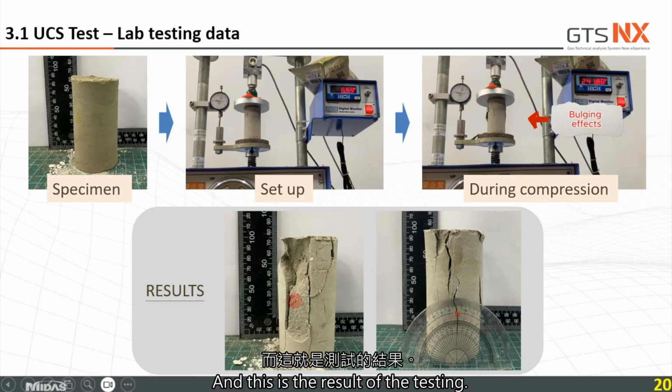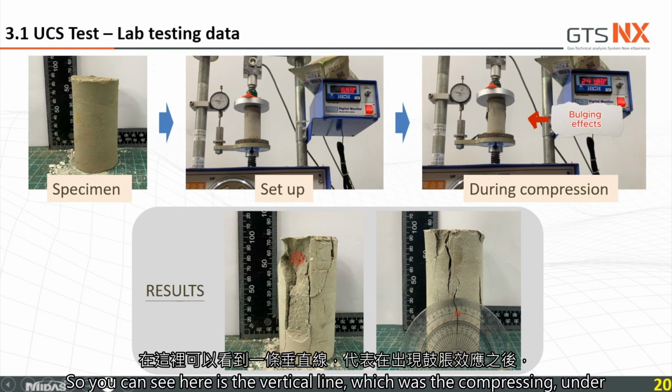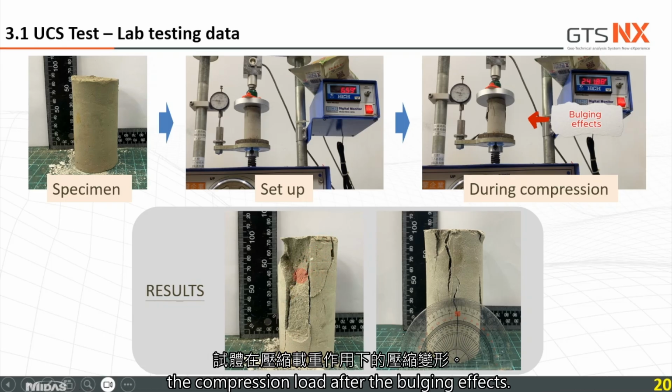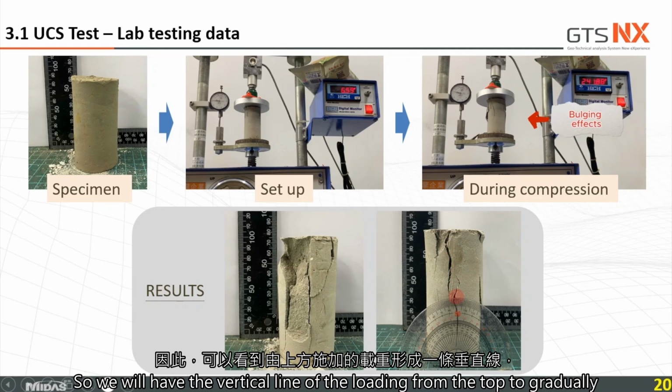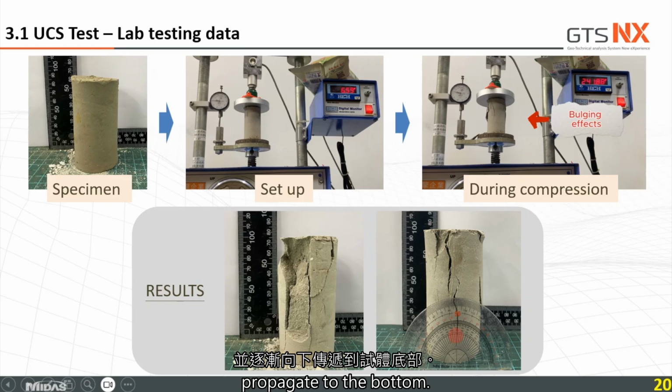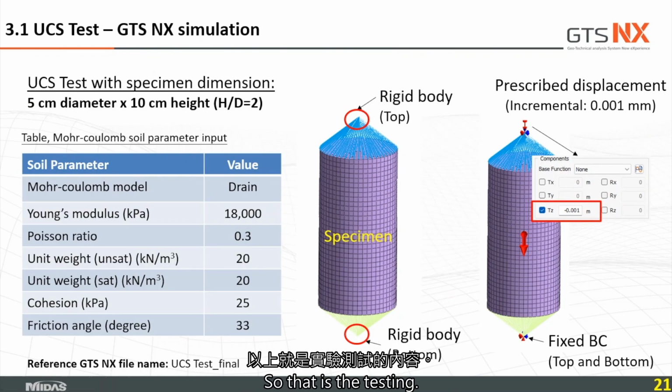And this is the result of the testing. You can see here the vertical line, which was compressing under the compression load after the bulging effects. The vertical line of the loading gradually propagates from the top to the bottom. So that is the testing.